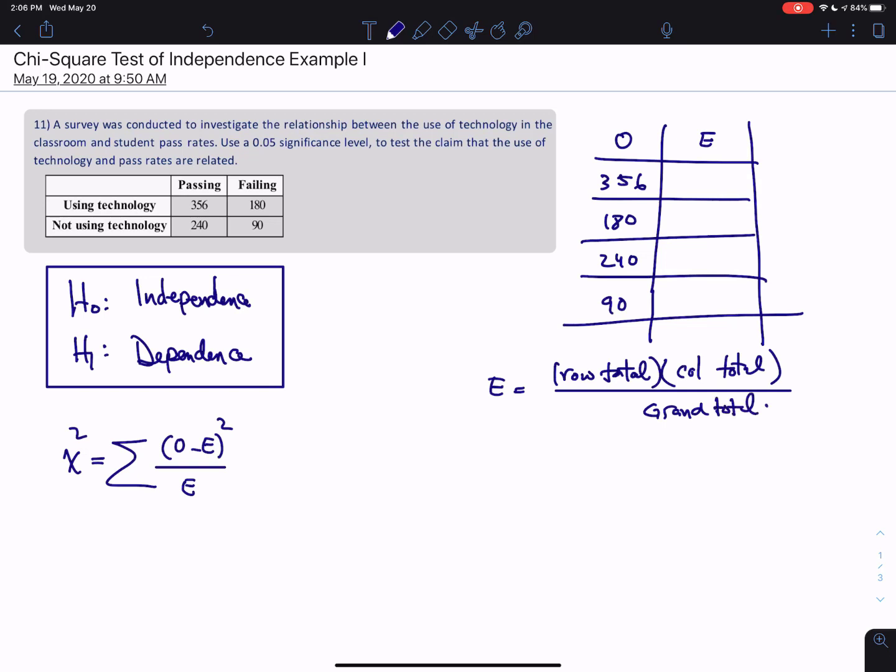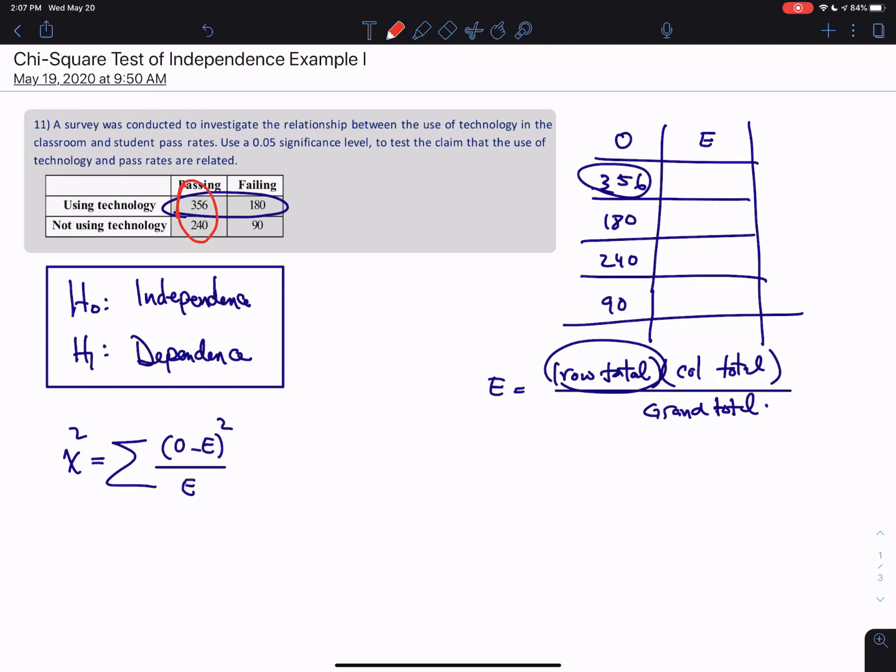Now you recall that, so for example, if I want to find the expected frequency for 356, I will take the row total of 356. Now the row total of 356 means the sum of the items in the first row. And I multiply that by the column total of 356. The column total of 356 would be the sum of these two numbers in this column.